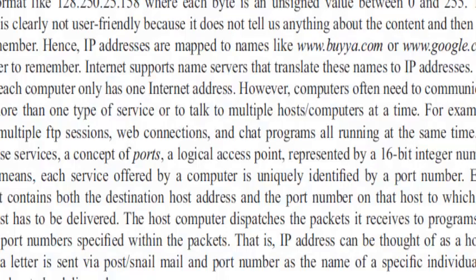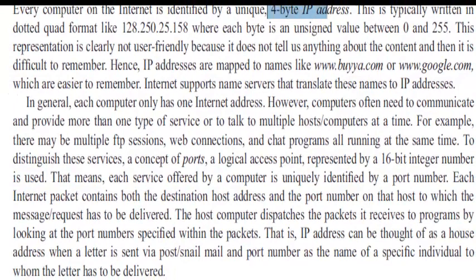Before we talk about ports, we need to talk about the 4-byte IP address, which is unique. This is typically written in dotted quad format, where each byte is an unsigned value between 0 and 255.